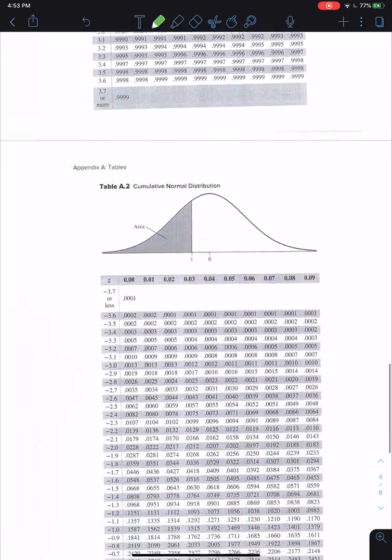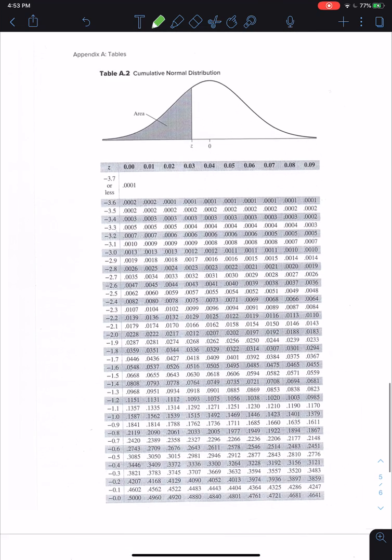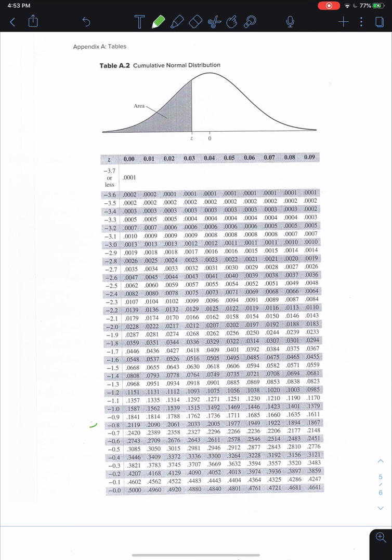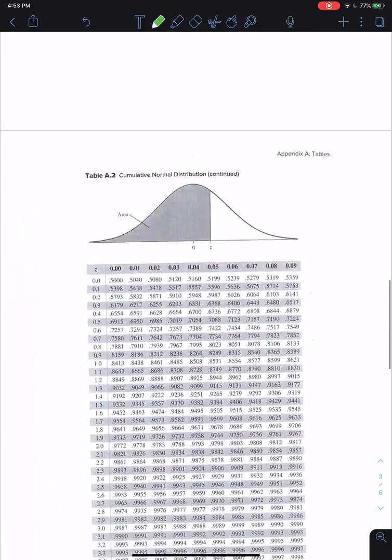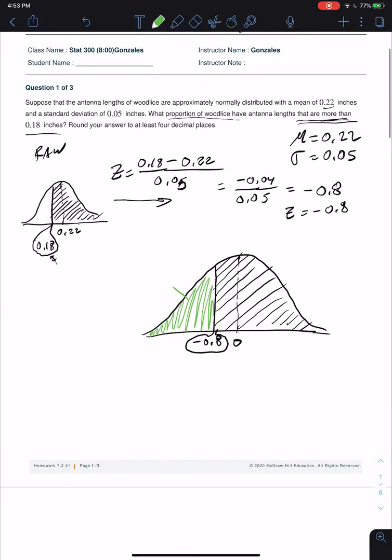And when there isn't any more value past that tenths spot, you just use this column. Negative 0.8 has an area of 0.2119.